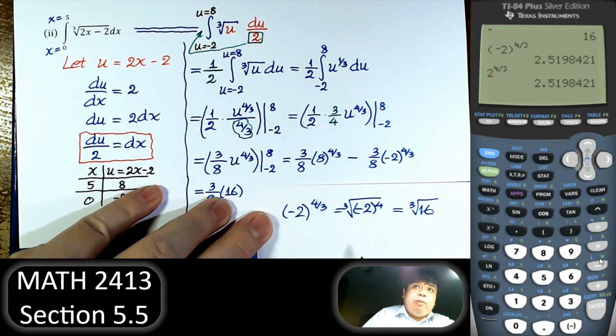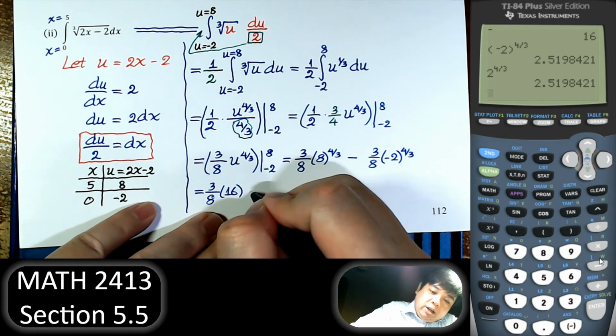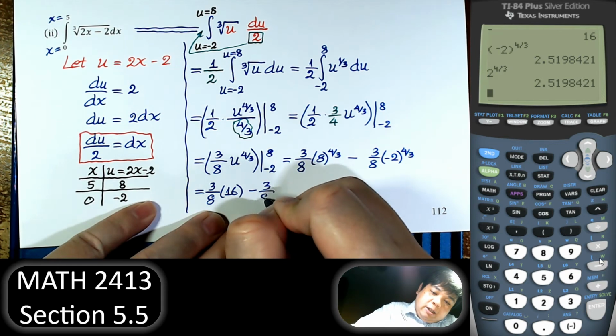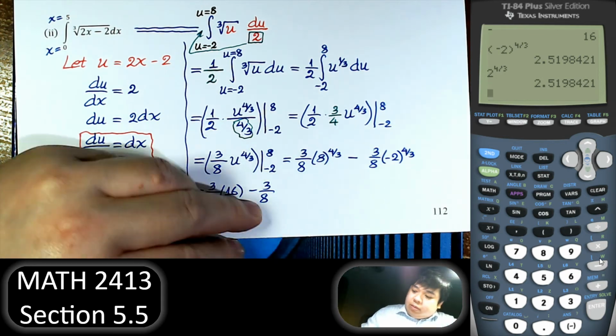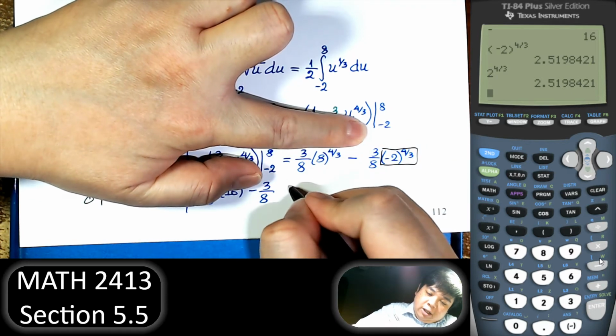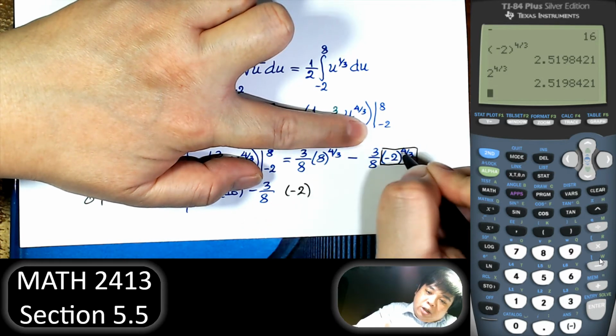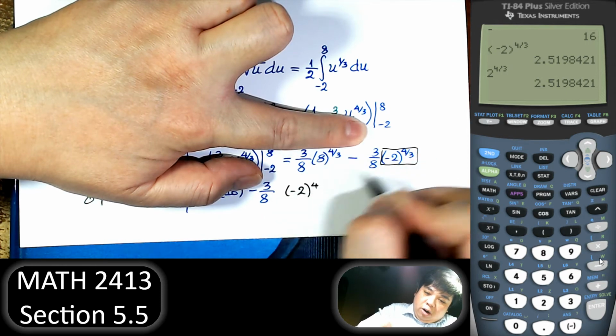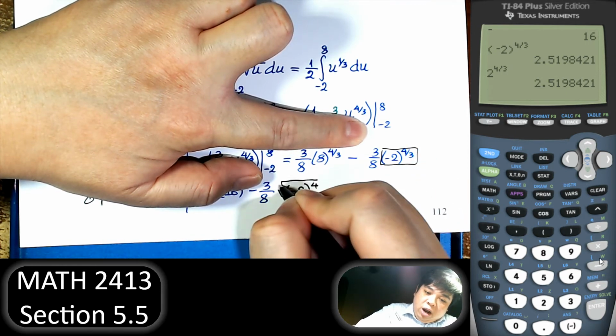Here I just say 3/8, and I will rewrite -2 to the 4/3 this way.